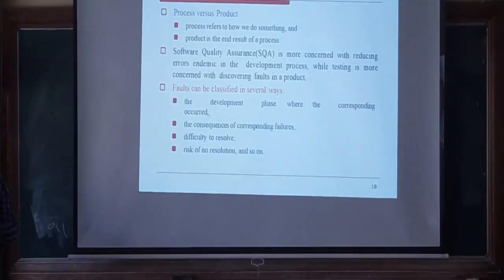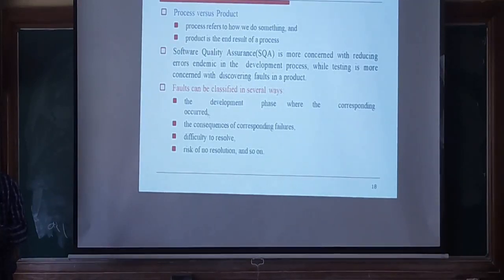Now software quality assurance is basically one part which meets testing, in the sense that it identifies how good a product can be built based on the improvement of the process. So when we improve the process of development of something, to get an error-free or good product, that is called software quality assurance.